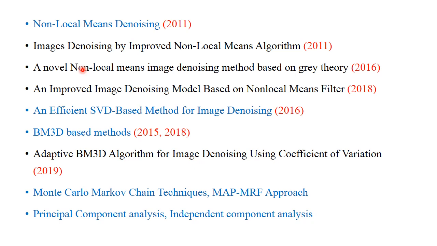Later on, most of the methods discussed were improvised versions of existing methods. Some additions, some changes were made, and they keep improving even today. There were also several methods like Markov chain Monte Carlo techniques, MAP-MRF approach, principal component analysis, and independent component analysis. Using these concepts also, several image denoising methods were proposed.